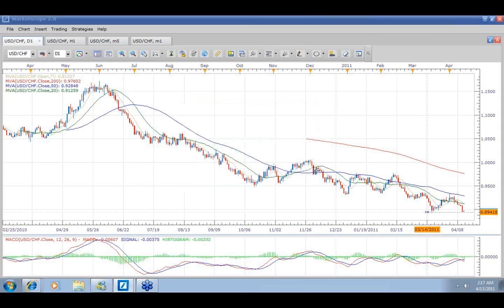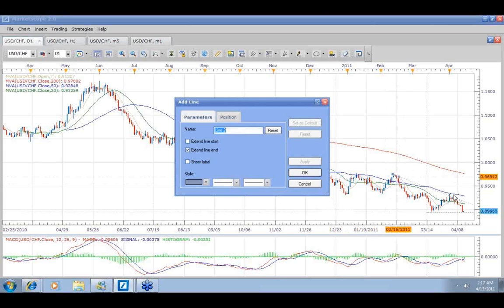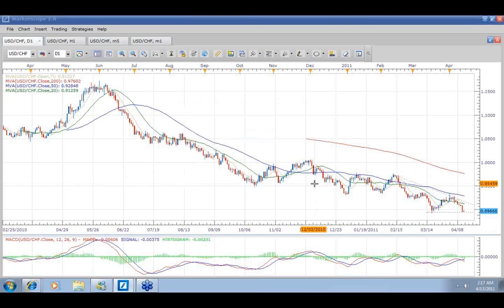And so, okay, that's your support. And you're in a triangle type of formation. You'll have to practice with it in presentations. But this may work its way up towards this area. That would be the ideal place to sell it.